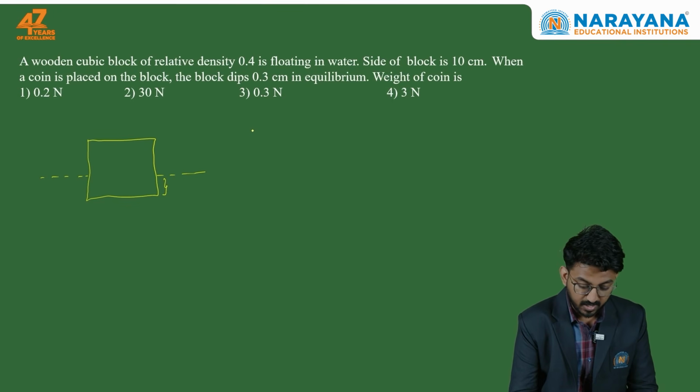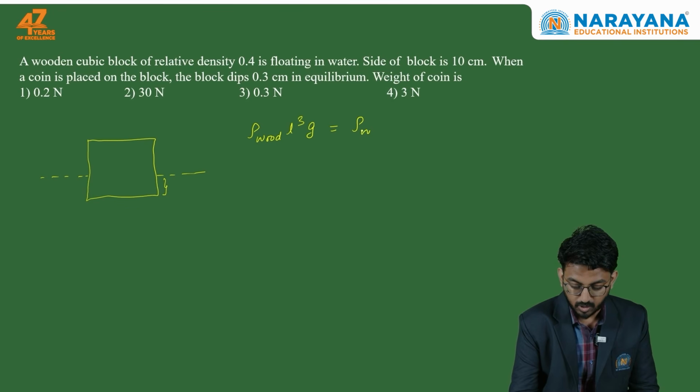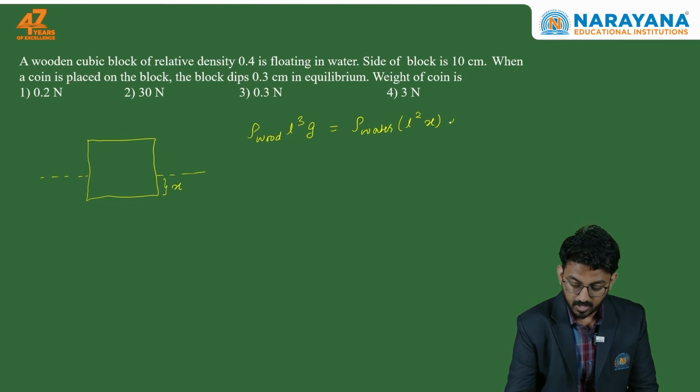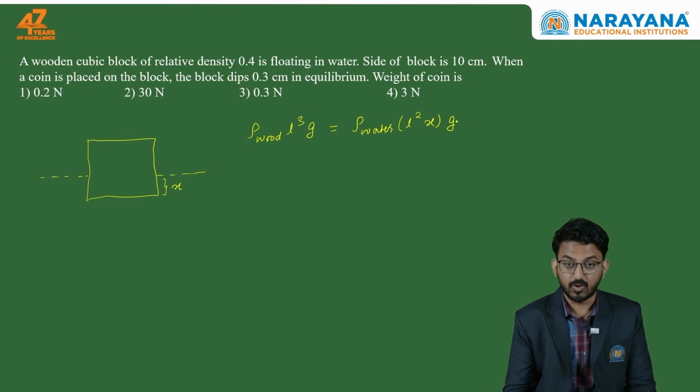force balance here. So the weight here is going to be density of the wood, volume, G. Mg is basically equal to density of water, volume displaced here, which is going to be L square into x, where x is the length already inside here, into G. So buoyant force is equal to weight.